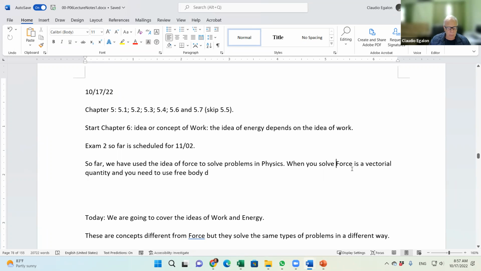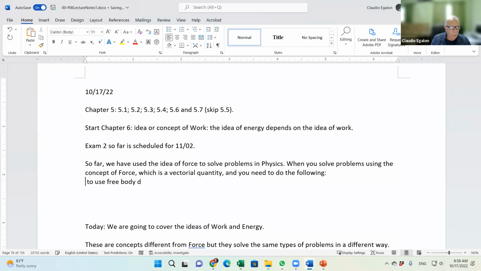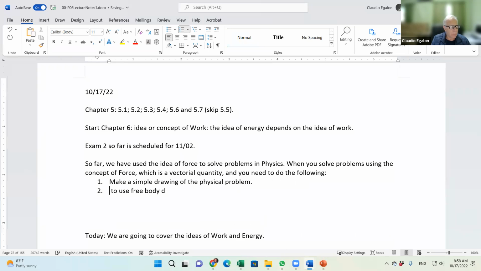When you solve problems using the concept of force, which by the way is a vectorial quantity, you need to do the following. 1, make a simple drawing of the physical problem, right? 2, identify all the forces acting on the object.